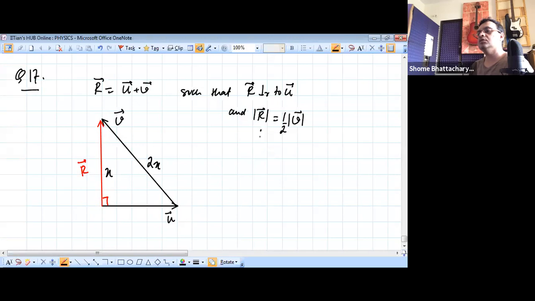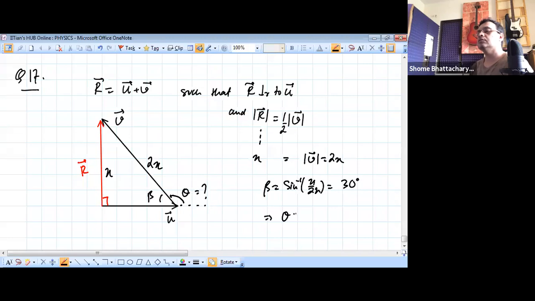Okay, suppose this is x. That means mod v equal to 2x. So from that we have to find out this angle, this theta. We can use trigonometry. If this angle is some beta, we can see that beta is sine inverse x by 2x, or sine inverse half, so 30 degrees.